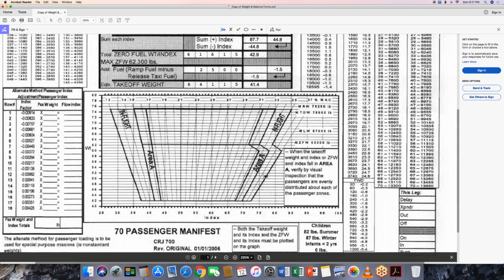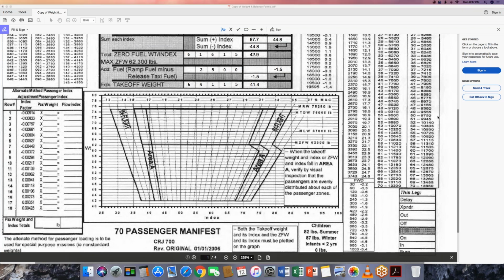All right. And what do we do with this number down here? You're saying what do we do with the landing? Oh, you're saying what do we do with the index number? With this number right here. Okay. That would be located on your left side of the graph.